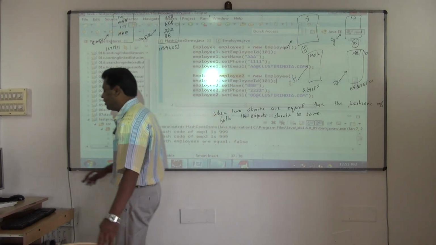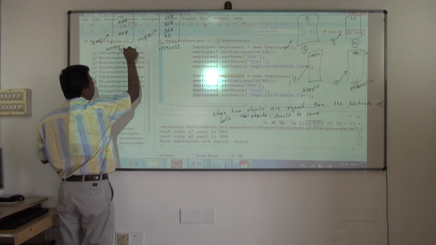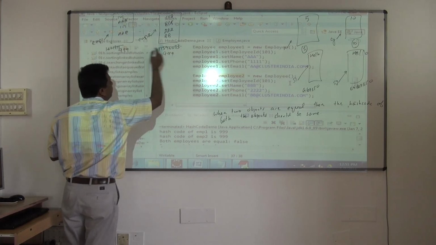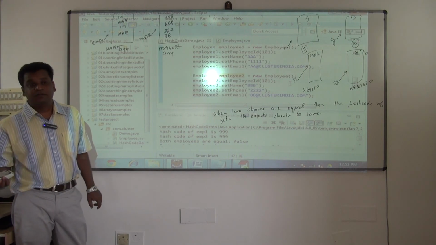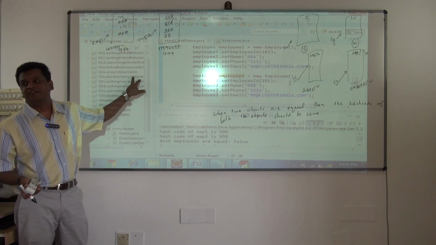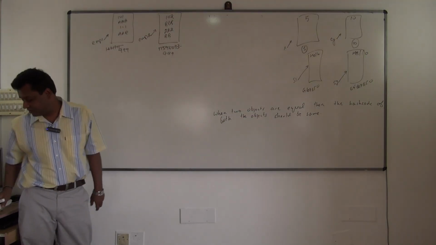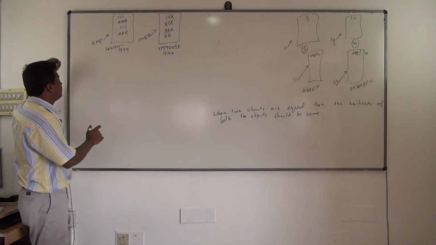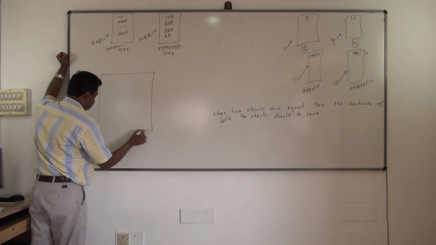The hash code is same now because I overrode it with 999. So e1.equals(e2) is false, and if you use the comparison operator also it is false, because they are referring to two different objects.